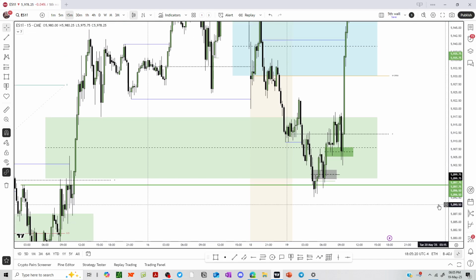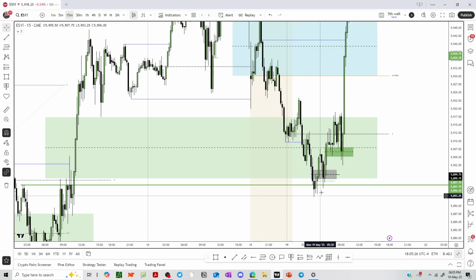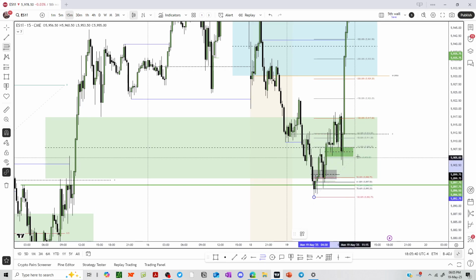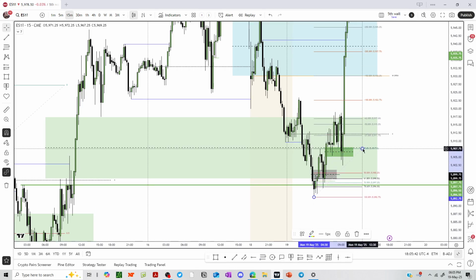All right, so this is your turtle soup smart money reversal. Not worried about that. Here's your low risk buy right here, and here's another one here. And on top of that, we have optimal trade entries just running wild, right? Anyway, you can see where this 100% is.